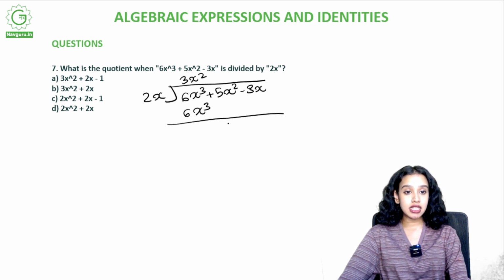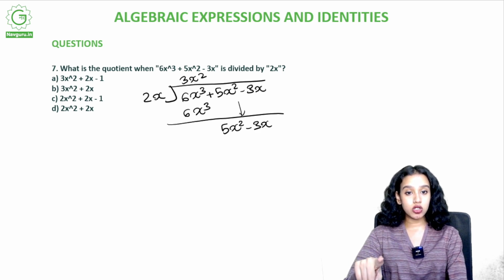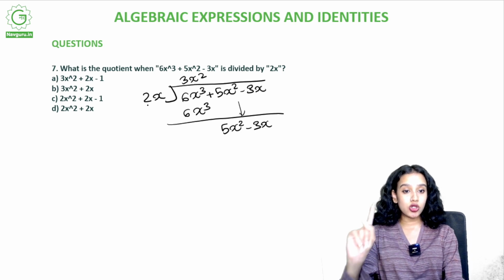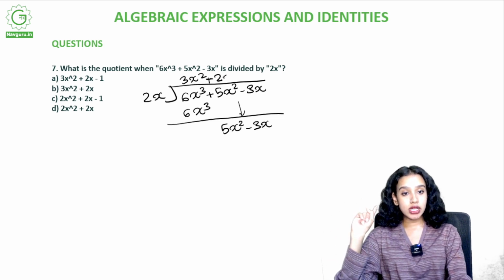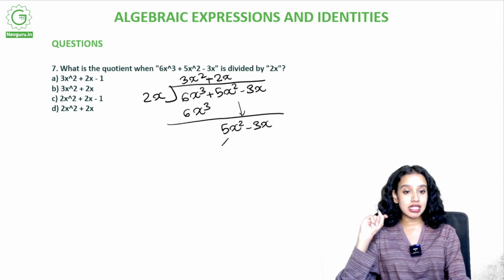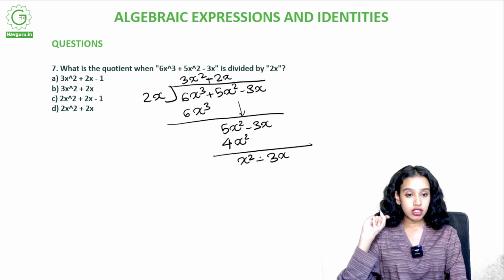Now we'll subtract this and we'll get 5x square minus 3x down here. We'll take this down. Now what is 5x square and 2x? So 2x into 2x would be 4x square, right?